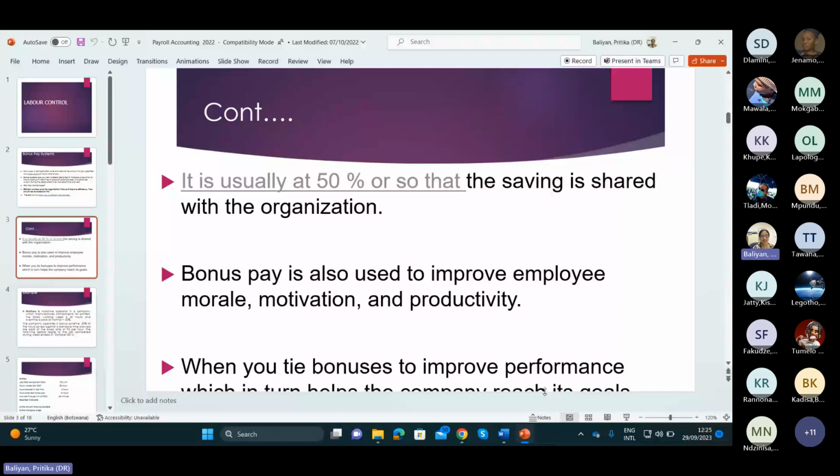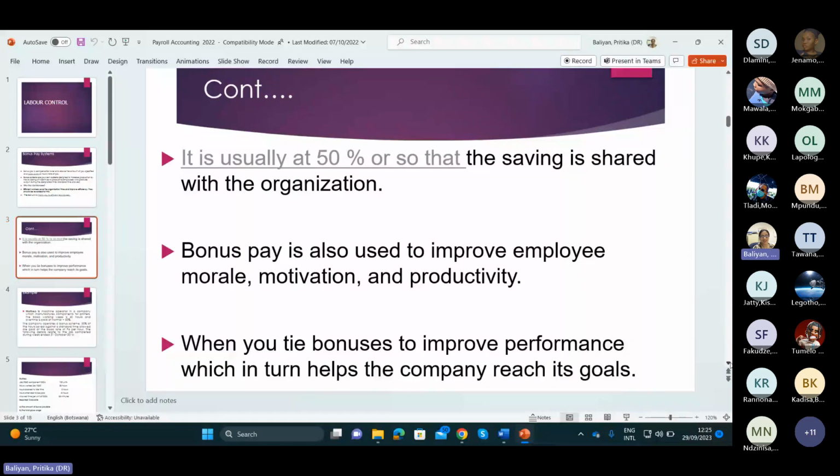And when it is given as an extra reward, it always motivates the workers toward higher production. And when you tie the bonuses to improved performance, which in turn helps the company reach its goal, they reach a higher production level.